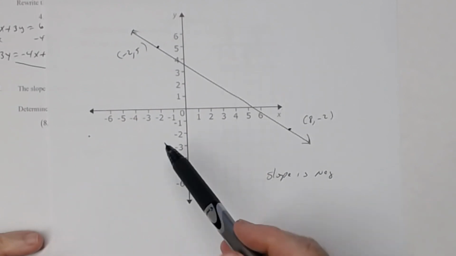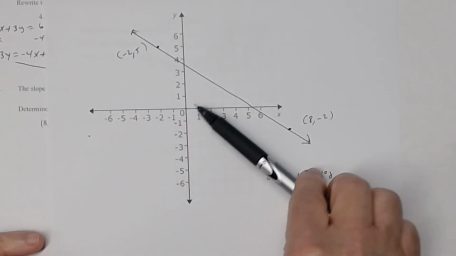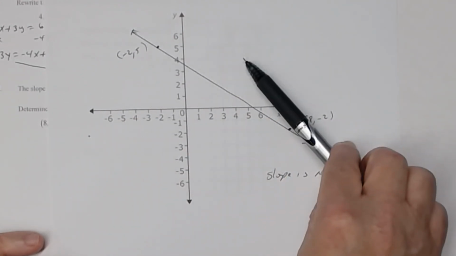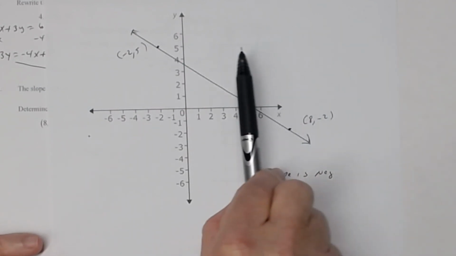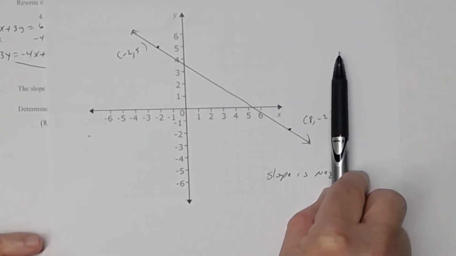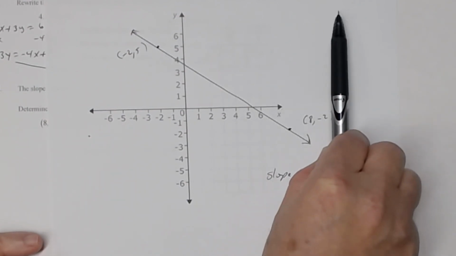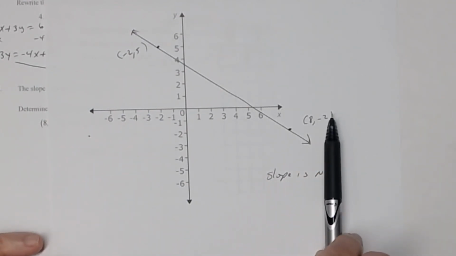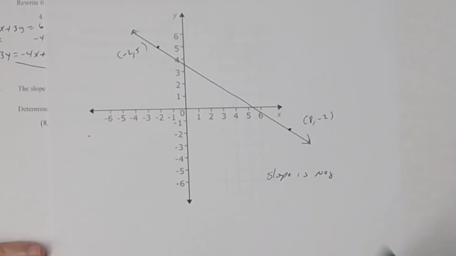If the line rose, then the slope would be positive. If the line's horizontal, the slope is 0. And if it's a vertical line, then the slope is undefined.